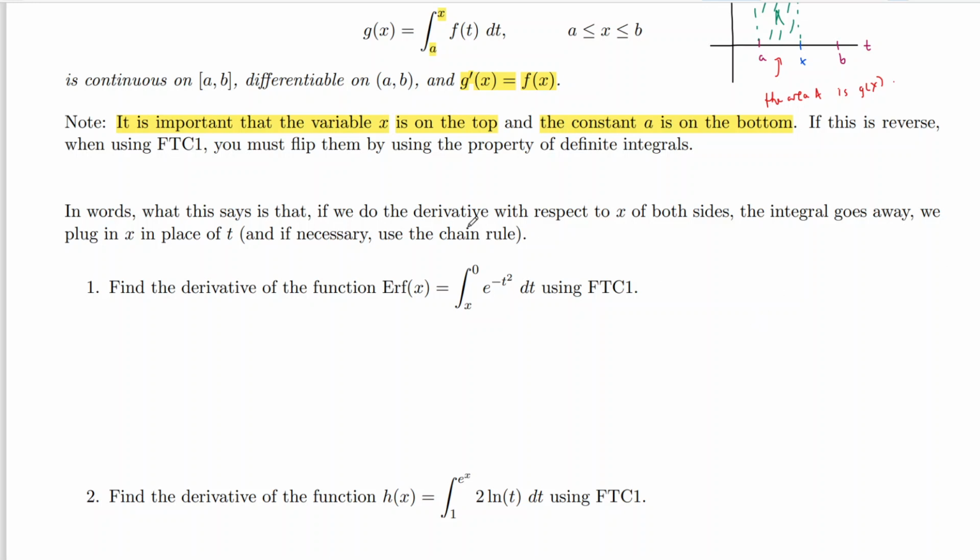Now, just to clarify, the real error function is actually 0 on the bottom and x on the top. The reason I have it flipped is just to show you how you can fix it if you have it backwards. And we are told to use the fundamental theorem of calculus part 1, which means we want to make sure that the x is on the top and the number, which happens to be 0, is on the bottom here. So the first thing we have to do is flip the bounds of integration.